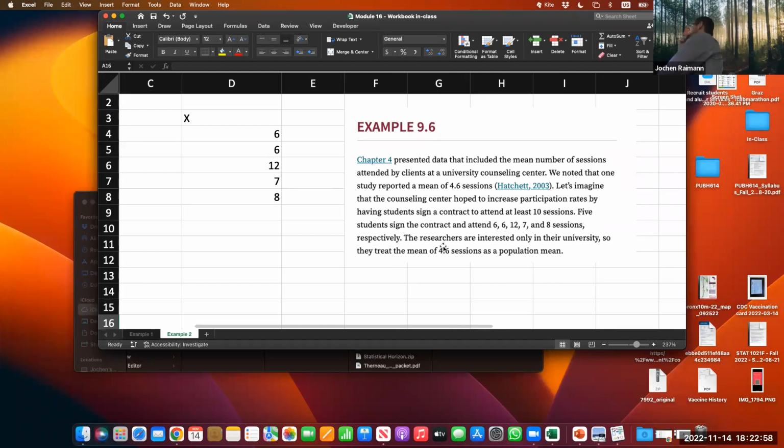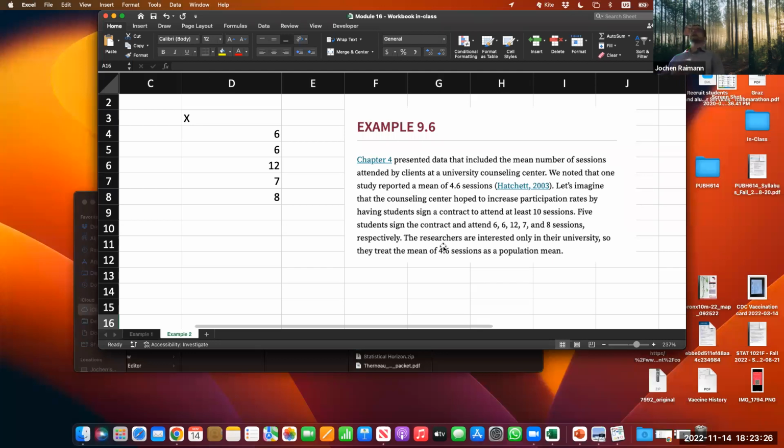Okay, so chapter 4, present the data: mean number of sessions attended by clients at the University Counseling Center. We noted that one study reported a mean of 4.6 sessions, so that's our mu. Let's imagine that the counseling center hoped to increase participation rates by having students sign a contract to attend at least 10 sessions. This is something that is often done in education, and also in behavioral health.